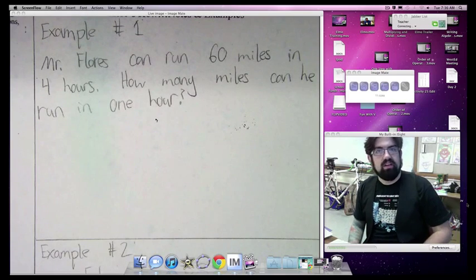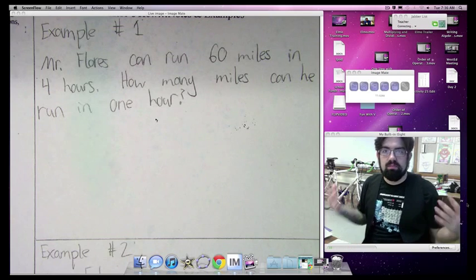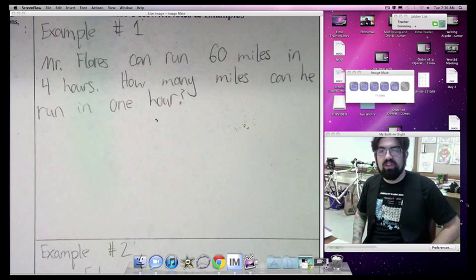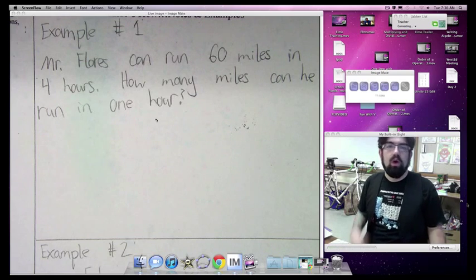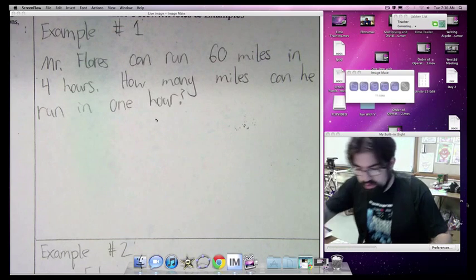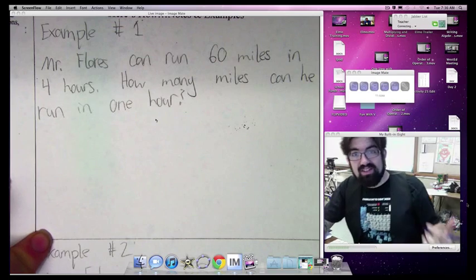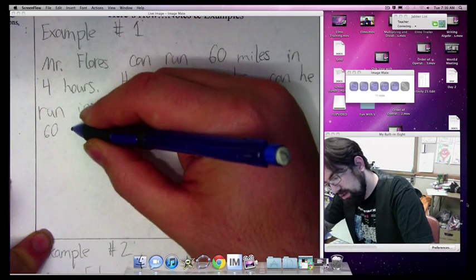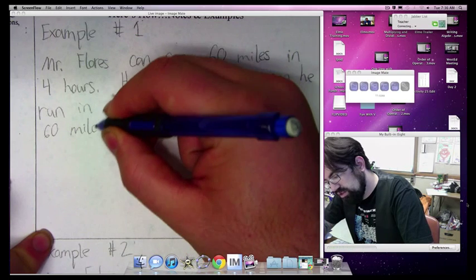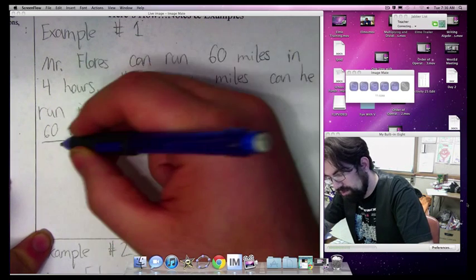How many miles can he run in 1 hour? So now I'm asking, what's his unit rate? Well, if he can do 60 miles in 4 hours, we're trying to figure out 1 mile. So literally, this is how you do it. You put 60 miles, and we're going over 4 hours.